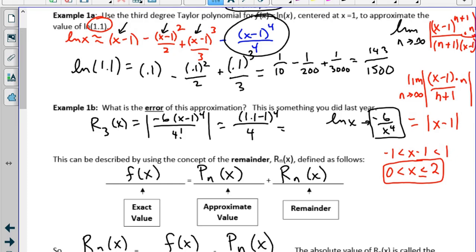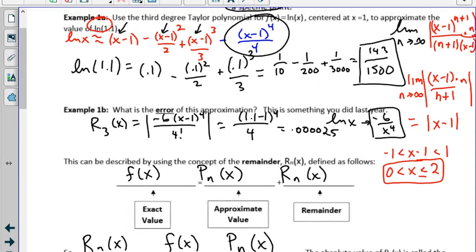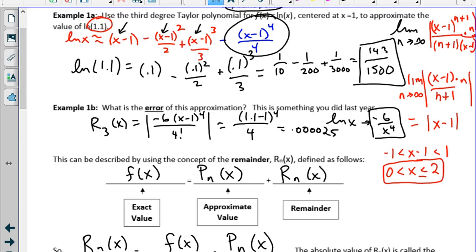So that's 0.1 to the fourth power over 4, which is 0.000025. So this 143 over 1500 is off by at most 0.000025. It's actually off by less than that, but this is the maximum possible situation of being wrong. So the remainder is less than or equal to that thing.